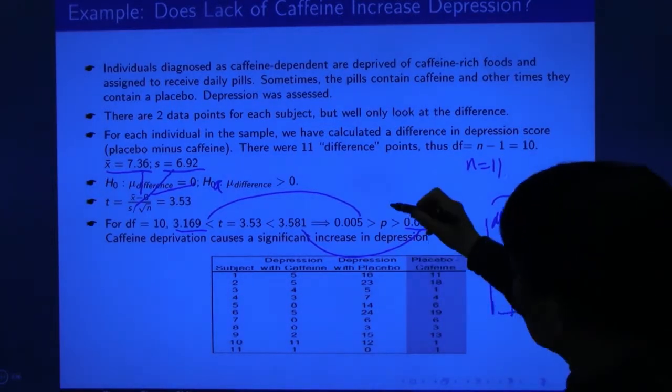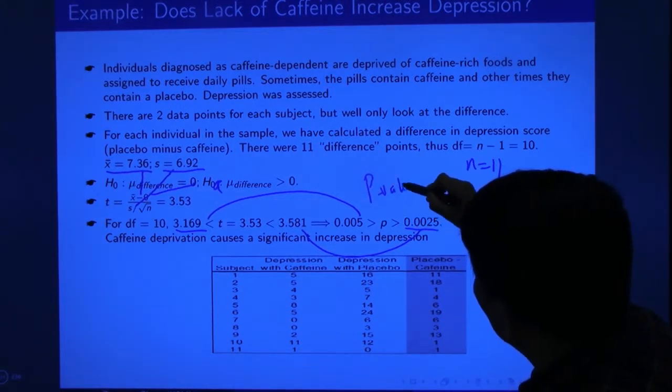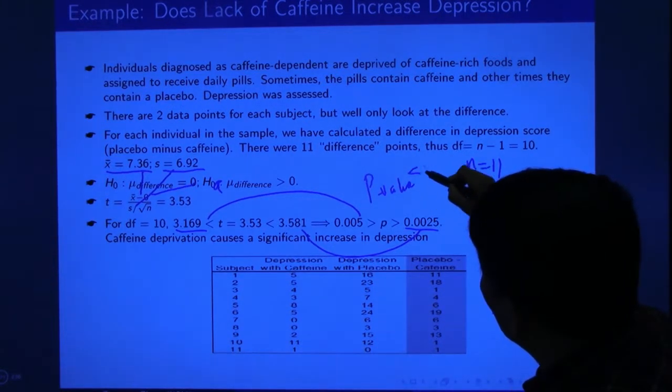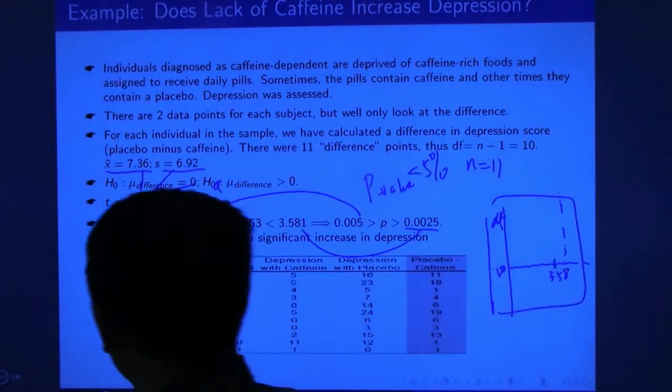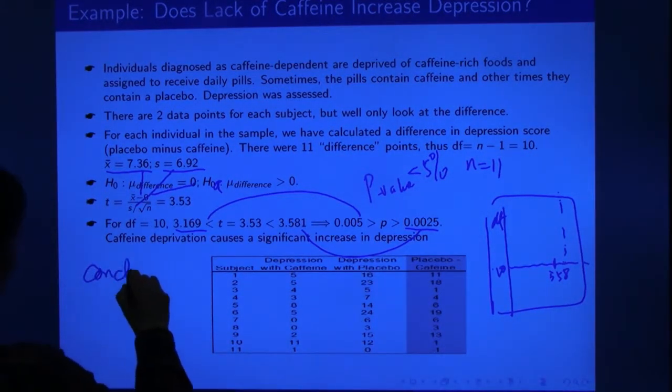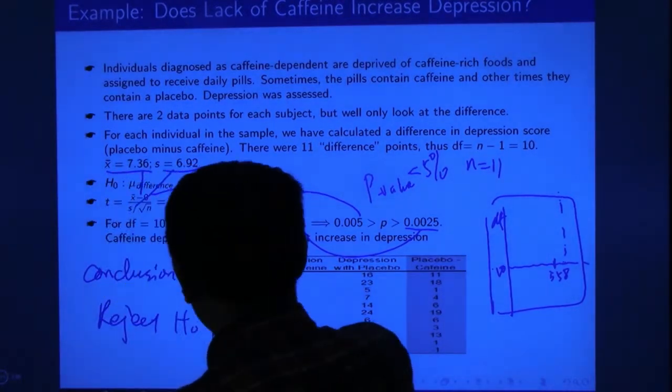So we can see this p-value will be less than 5%, which is typically used for a significance test. That means our conclusion is we are going to reject H0. So this is our conclusion.